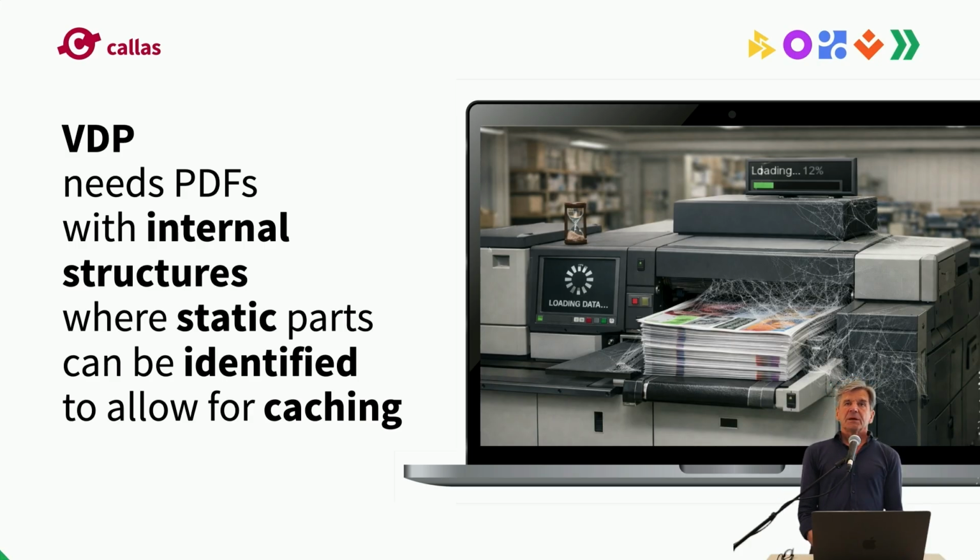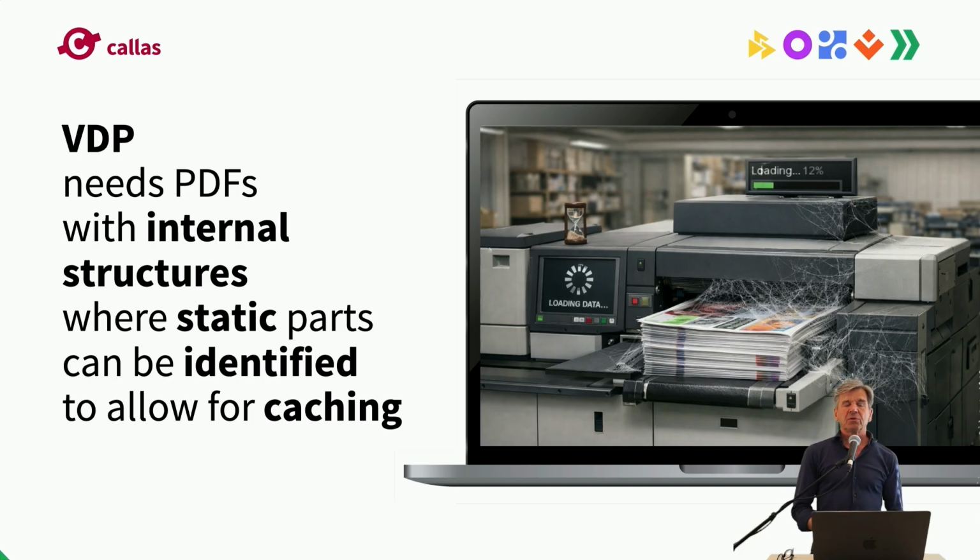Luckily, in variable data print, not everything needs to be calculated for each page. Normally, pages have repeating content. That repeating content you can also call static content, so content that is reused over pages, and only dynamic parts are new. So for instance, with a postcard, most of the content will be the same and just the address will change.